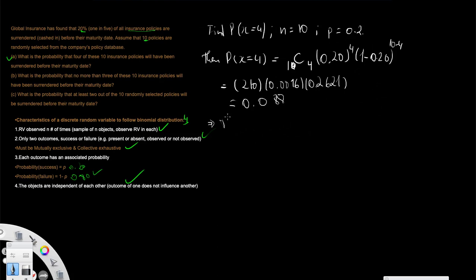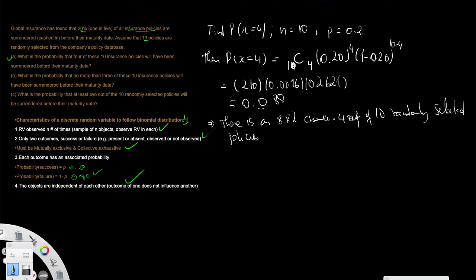There is an 8.8% chance that 4 out of 10 randomly selected policies will be surrendered before maturity.